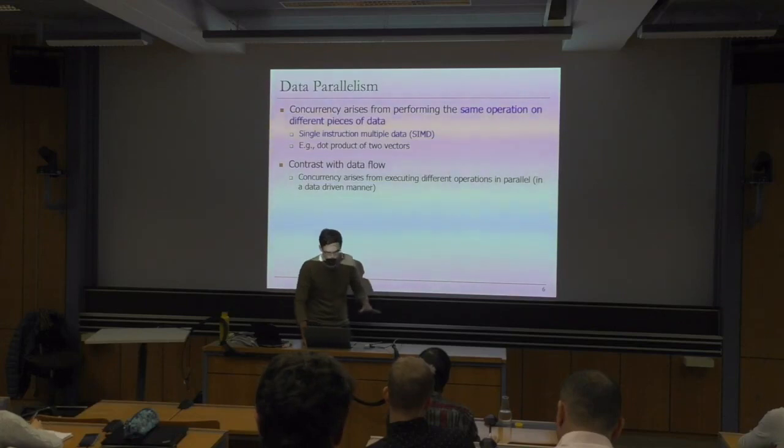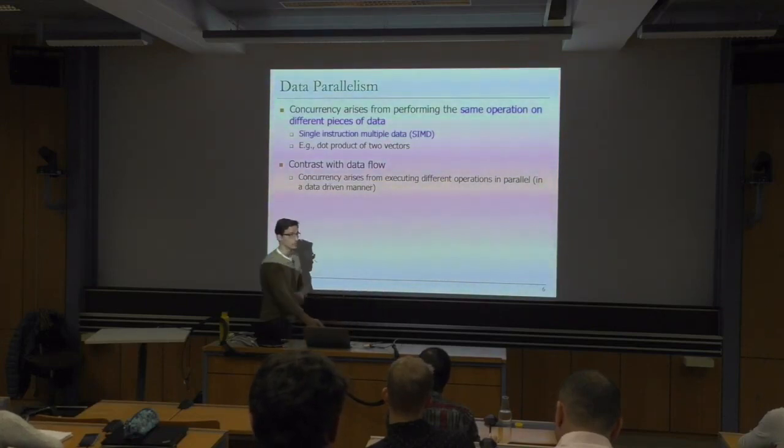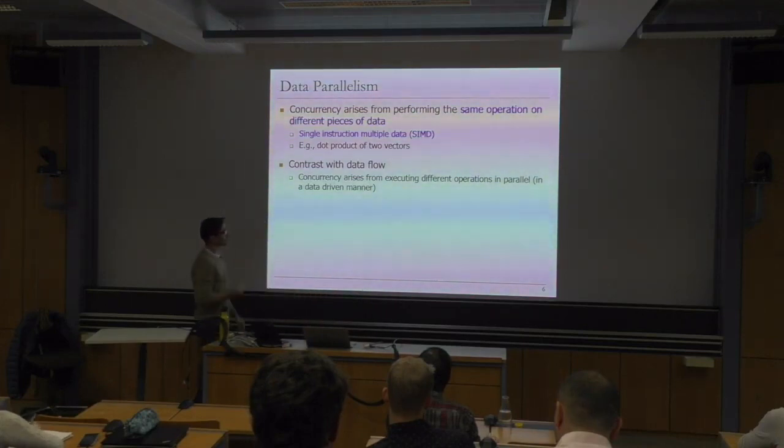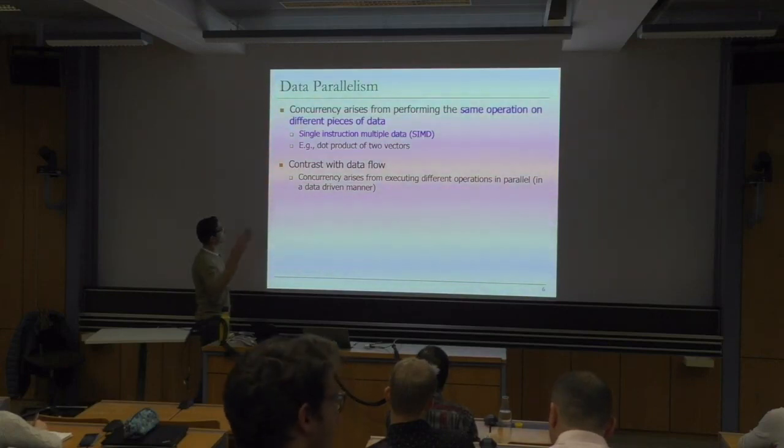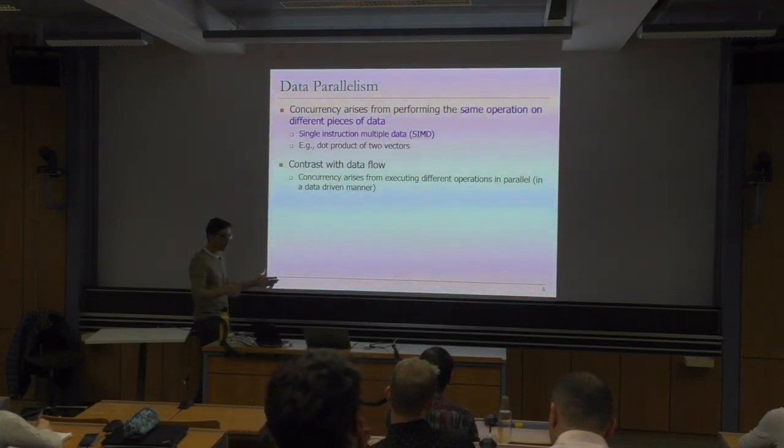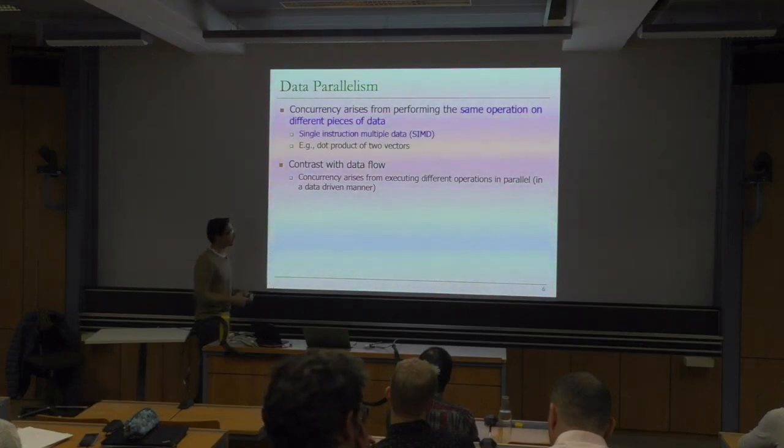Here, just very briefly, what's different with respect to data flow machines or data flow execution? It's different because in data parallelism, the concurrency arises from the fact that we need to perform the same computation on multiple data elements. In data flow machines, the concurrency arises from the fact that we can execute multiple different operations in parallel, and we say in a data-driven manner because these operations are only fired when the data is ready.